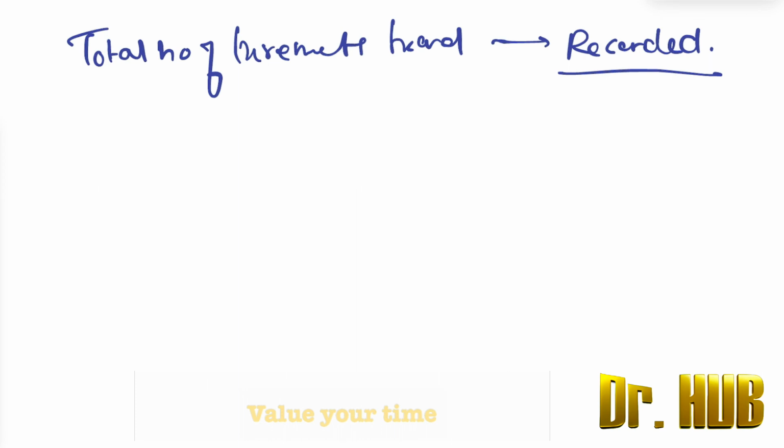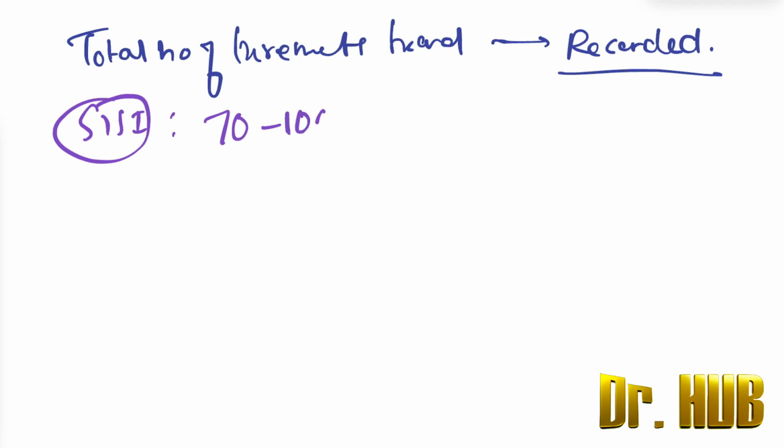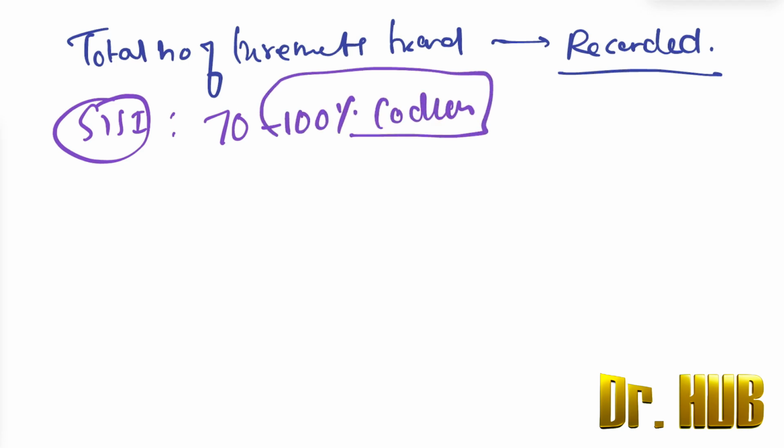Now when we see the SI score, as we discussed, there is 70 to 100% seen in the cochlear deafness. Next, under cochlear hearing loss, the acoustic reflex threshold.